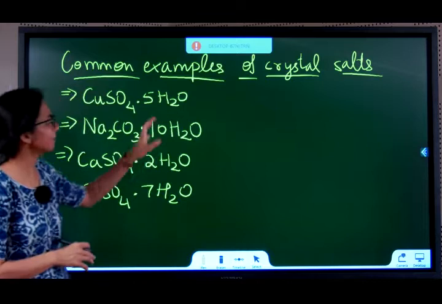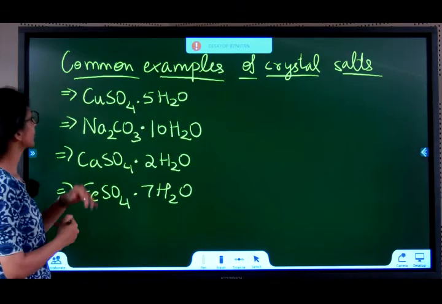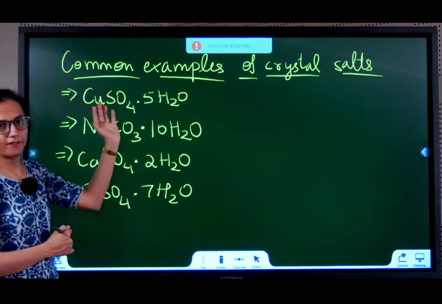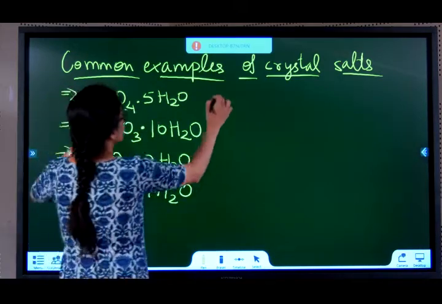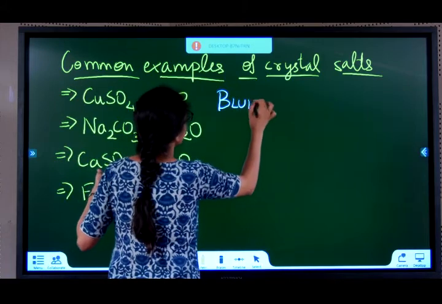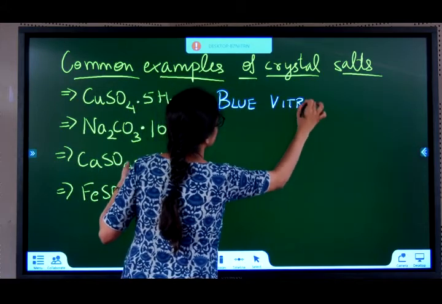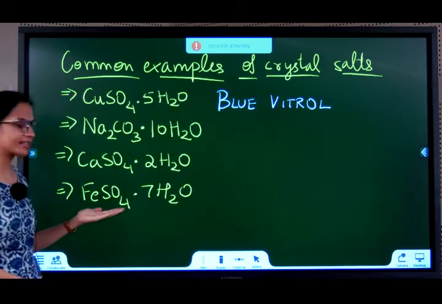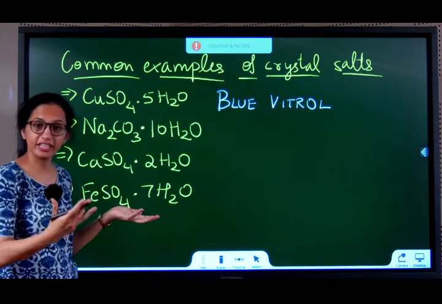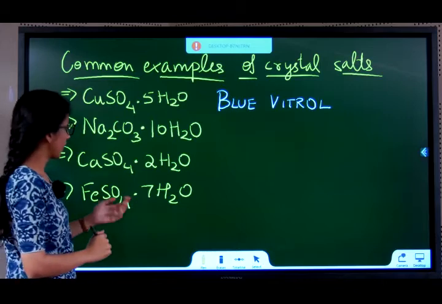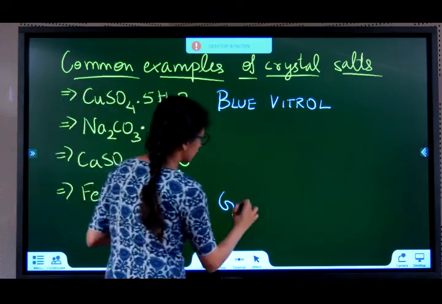Few common examples of crystal salts. Hydrated copper sulfate. It is blue in color, copper blue. You've heard this. So this is referred to as blue vitriol. Hydrated ferrous sulfate, green color. We have seen this in many experiments. Ferrous sulfate, green color. We have seen it in chapter 1 also. Green vitriol.